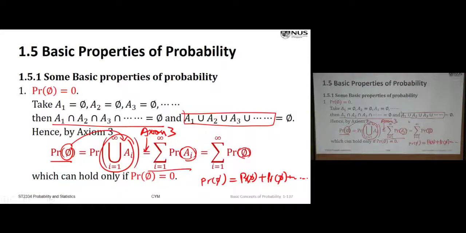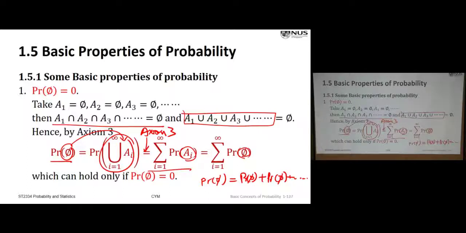How can the left-hand side equal the right-hand side? Can the left-hand side, only one probability of the empty set, equal the sum of a bunch of probabilities of the empty set? Is it possible? Yes, it's possible if and only if the probability of the empty set is 0.